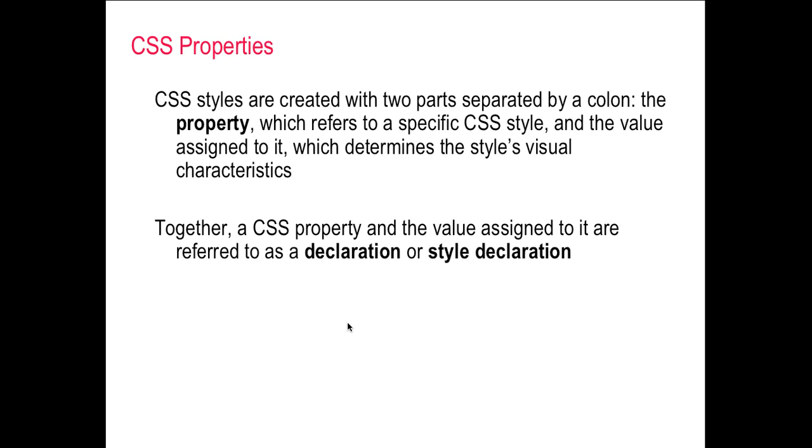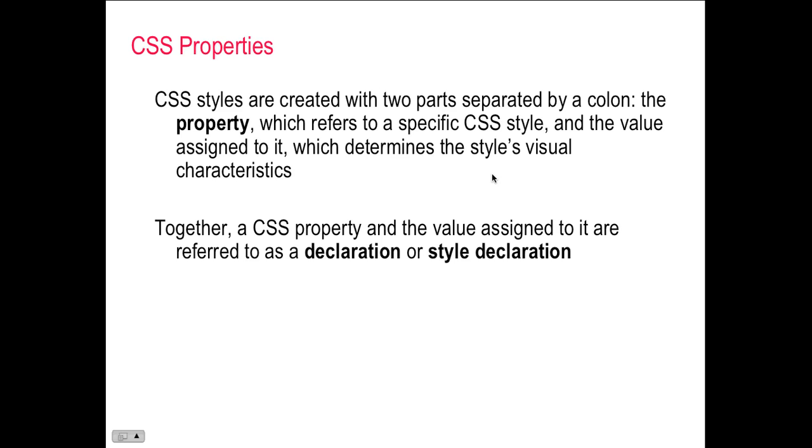So we have CSS properties. I'm giving you all the terminology because this is where you're going to get hung up when you start looking at examples. The terminology for the property is the style. A CSS property has two parts, separated by a colon: the property, which refers to the CSS style, and the value assigned to it, which determines the style's visual characteristics.